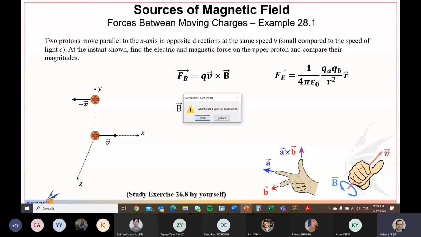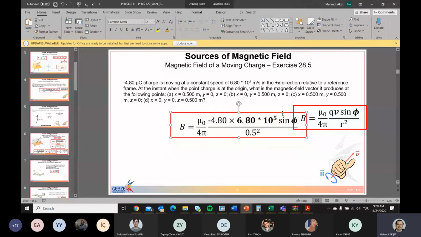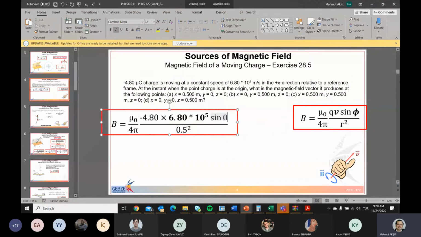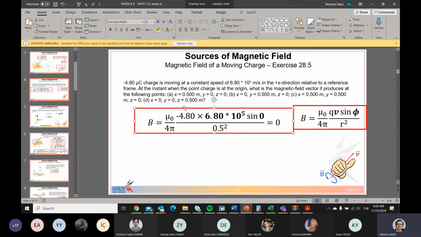When the angle is 0, sine 0 goes to 0, and everything becomes 0. So the magnetic field is going to be 0 at position x equals 0.5.